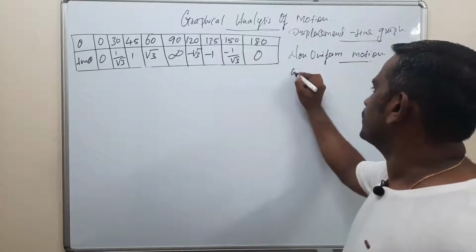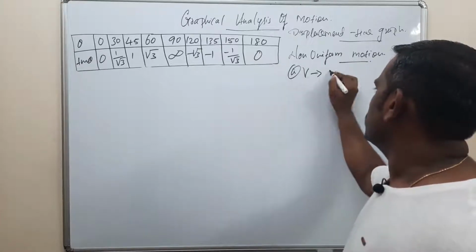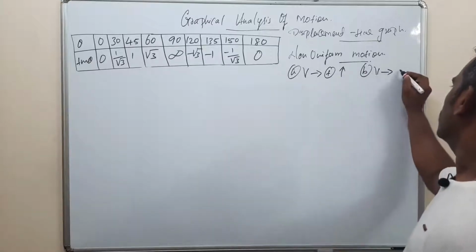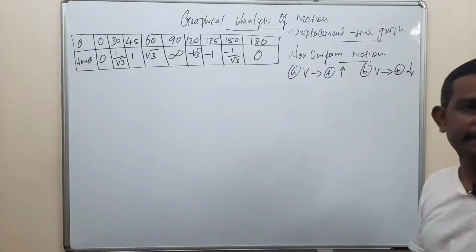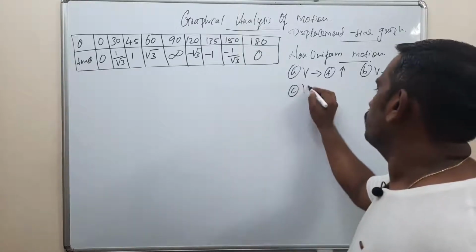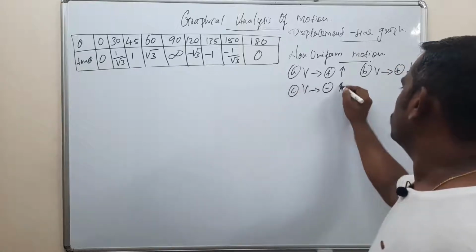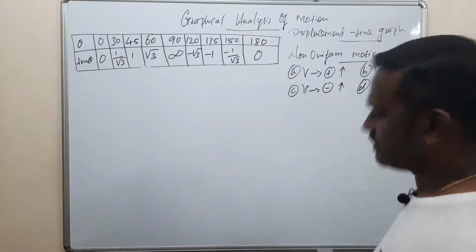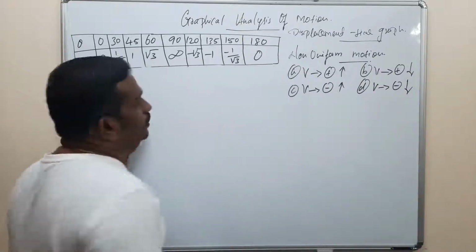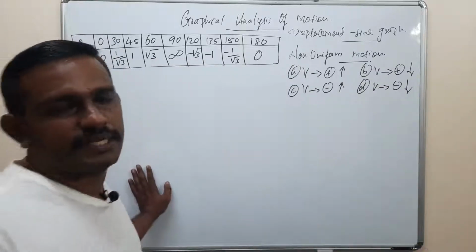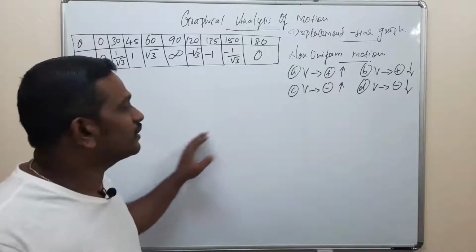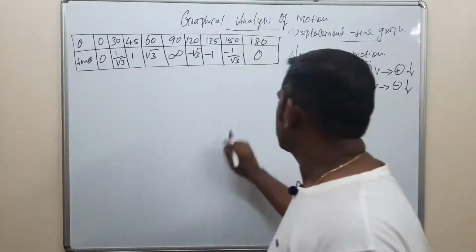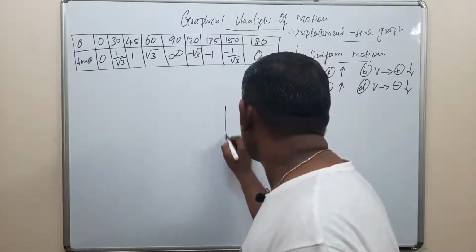In these 4 sub cases: A, velocity positive increasing; B, velocity positive decreasing; C, velocity negative increasing; D, velocity negative decreasing. So these are the 4 cases we have to discuss in non-uniform motion. We have to analyze the displacement time graph for these 4 cases. So first case, velocity positive and increasing.